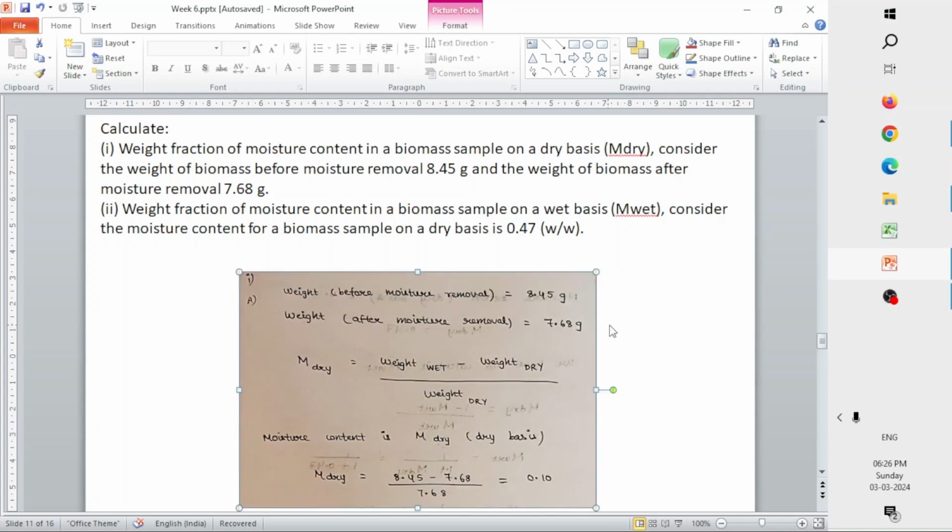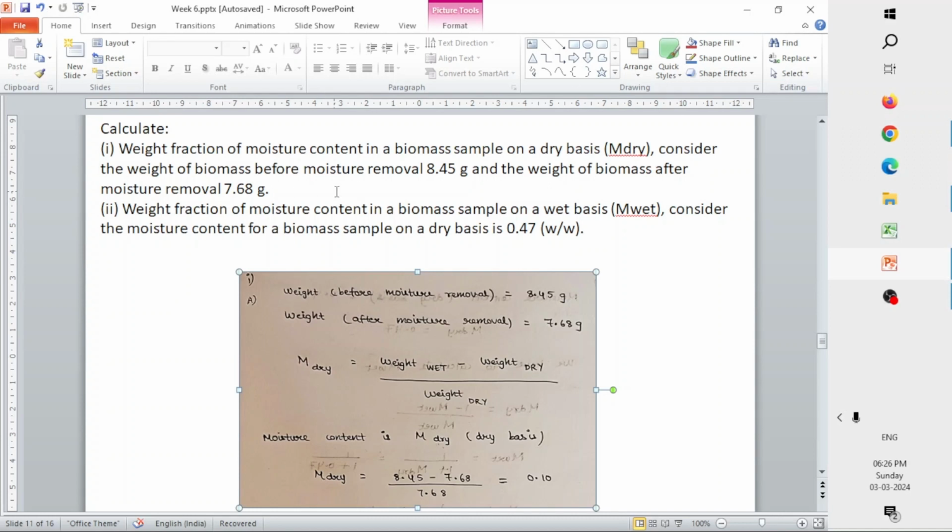There are 2 parts to the question, so let's go part by part. The first part is the weight fraction of moisture content in a biomass sample on a dry basis, that is M dry, which you are supposed to calculate.